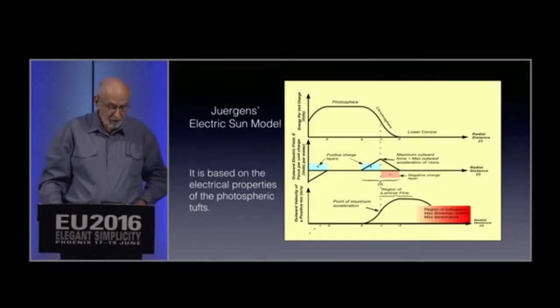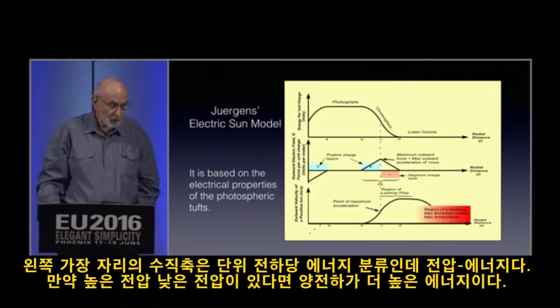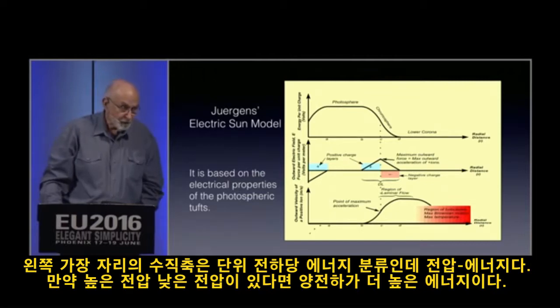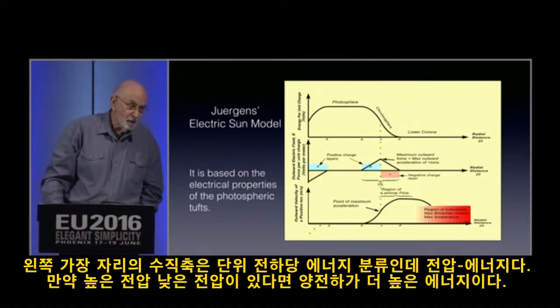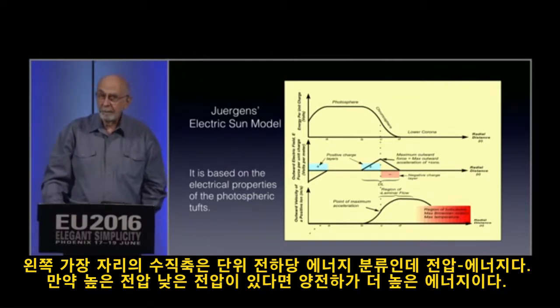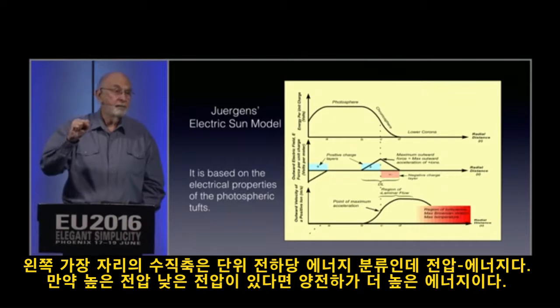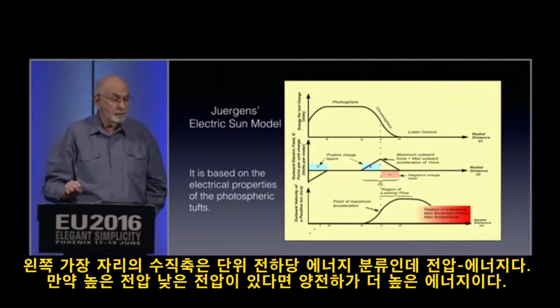On the left-hand axis, the vertical axis, it's labeled energy per unit charge. That's volts. Energy, that's what voltage is. A positive charge has more energy if it's at a high voltage than if it's at a low voltage.